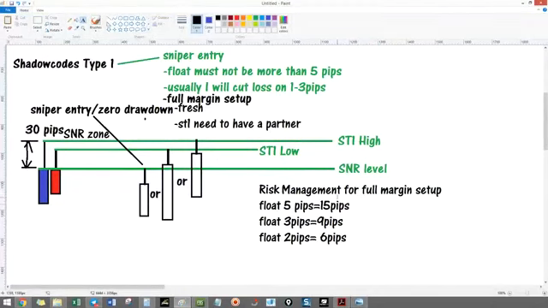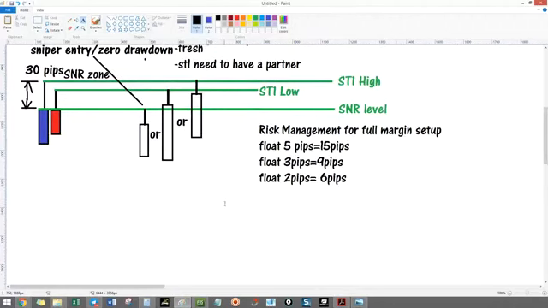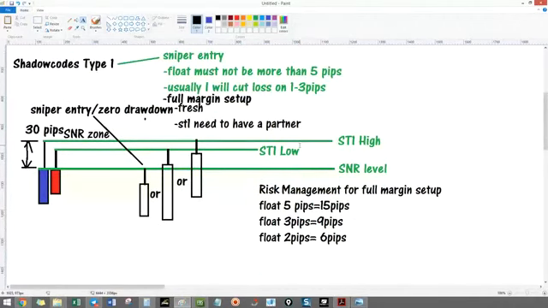We do not want the margin call, because we have our setup. Sometimes we have our sniper setup, sometimes we have our floating setup. So this is based on how to cut loss. Over here, you can cut loss if it is more than 5 pips. Over here, if it floats about 5 pips and comes down, it's okay. You can just let it be.